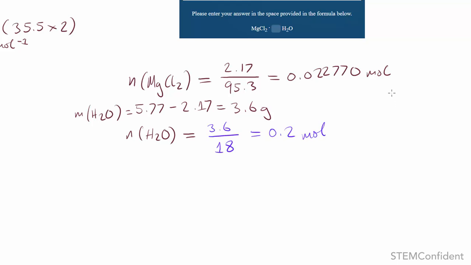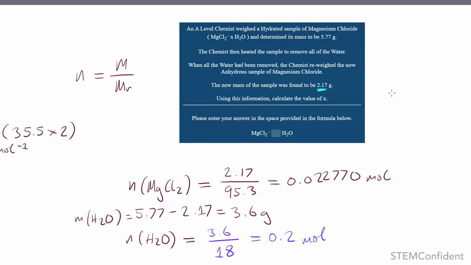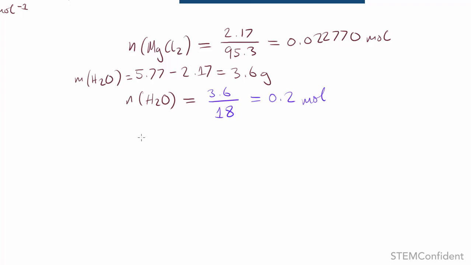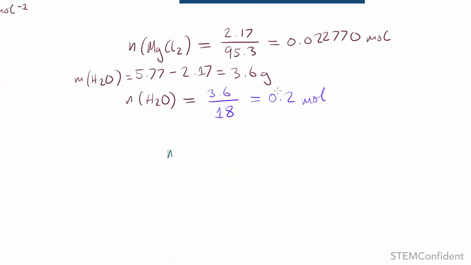Now at this stage, we've worked out the moles for the MgCl₂, and we've worked out the moles for the H2O. What we really need to do at this stage is set up a comparison between the two in terms of molar ratio. So I'm going to put MgCl₂ on the left hand side, just because it is on the left hand side here. So the number of moles of MgCl₂ compared to the number of moles of H2O.